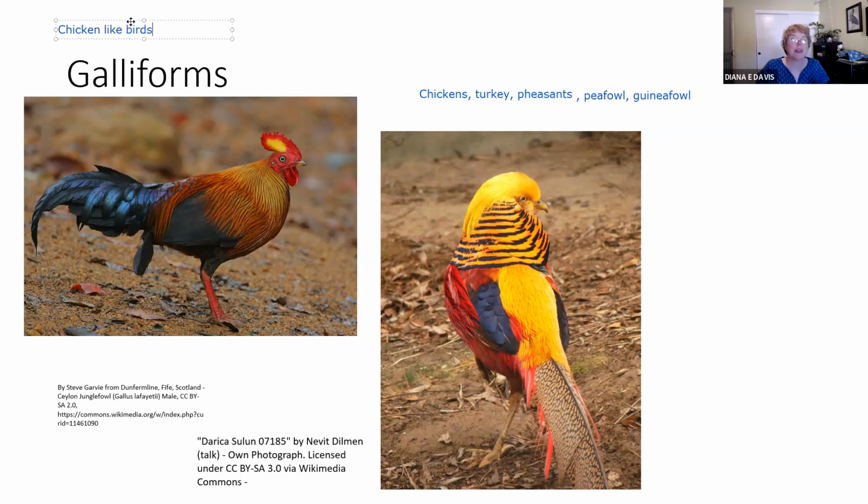Ratites are kind of my favorite group of birds. I think I've mentioned this, they're really stupid, but they're very, very interesting.